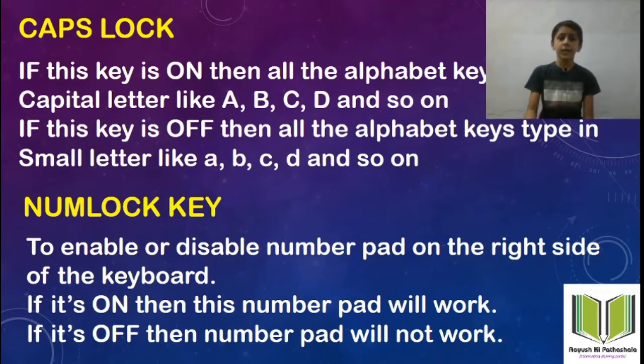If this key is off, then all the alphabet keys type in small letters like a, b, c, d and so on. Num Lock key. To enable or disable the number pad on the right side of the keyboard. If it's on, then the number pad will work. If it's off, then the number pad will not work.